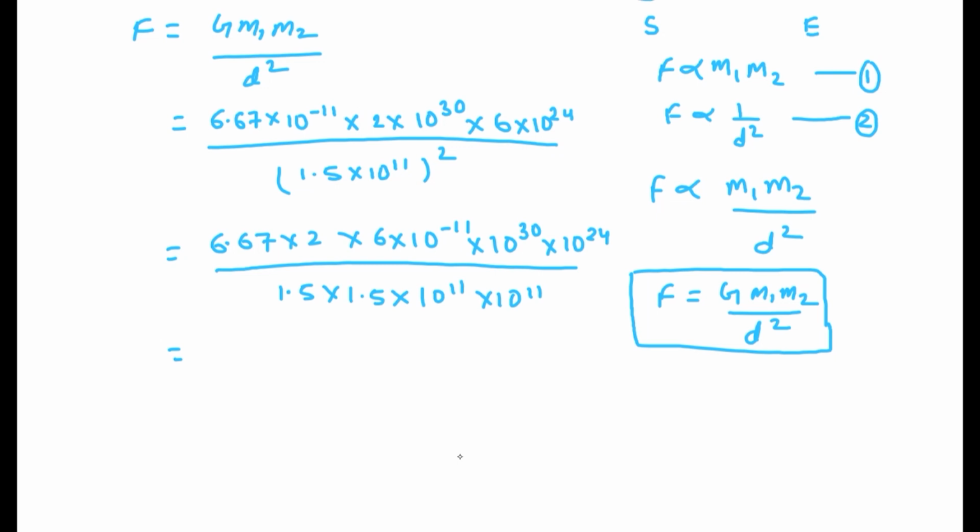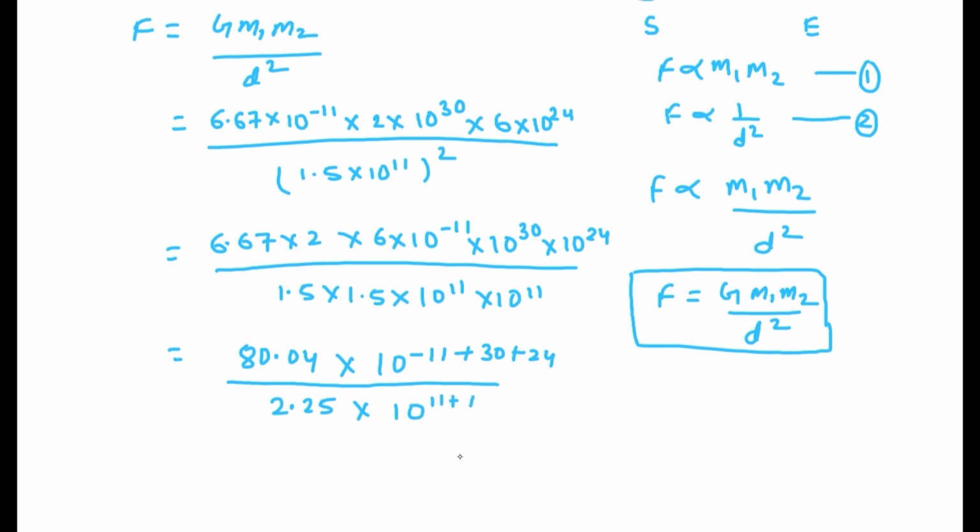Multiplying 6.67 into 2 into 6, we get 80.04 into 10 to the power, where the base is the same, so it becomes minus 11 plus 30 plus 24. Here 1.5 into 1.5 becomes 2.25 into 10 to the power, where the base is the same, so the powers should be added.